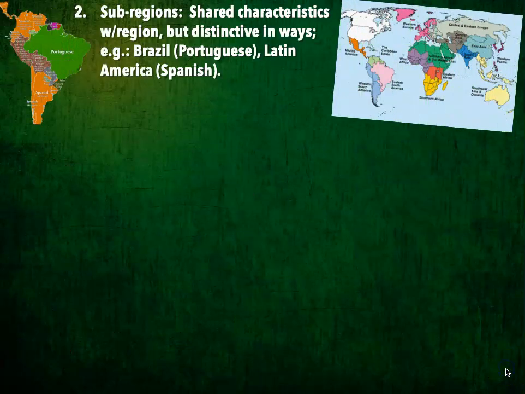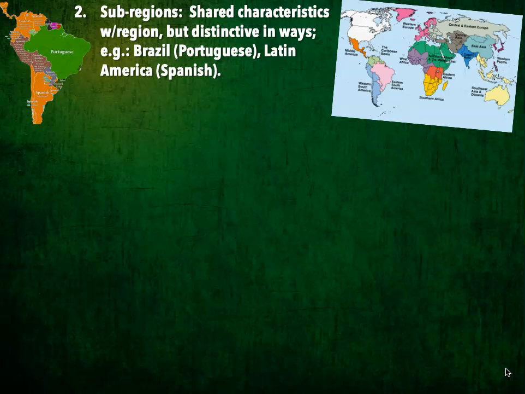Okay. Subregions. The idea there is shared characteristics, but distinctive in some ways. If we're thinking of South America as a region, we can look at Brazil as a subregion. It has a lot of cultural characteristics, and some of that has to do with geographic characteristics, climate, and just the basic geography.